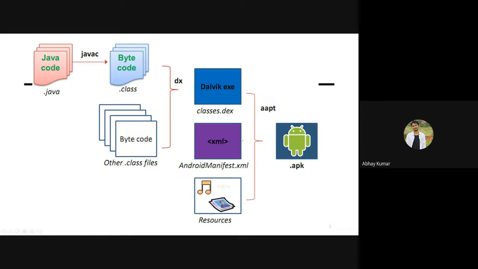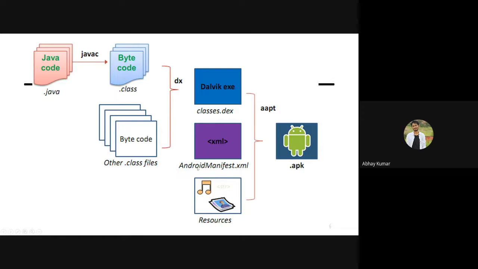In this manifest file you can see the configuration, like what permissions the Android application needs and what type of UI activity components it needs to run. All the configuration of the application will be in the AndroidManifest file. We can say this is the configuration file of the Android application.